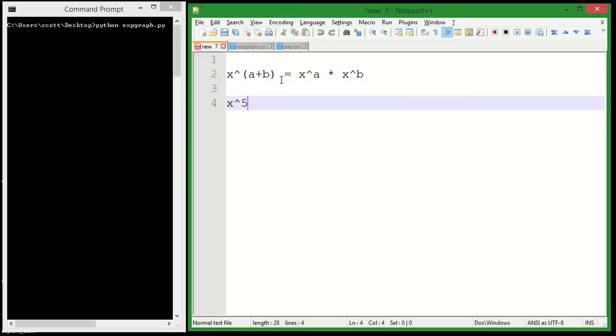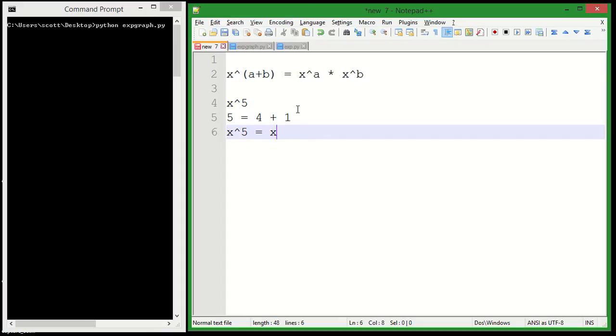If we have x^5, then because 5 equals 4 plus 1, our exponentiation property means that x^5 is going to equal x^4 times x^1, right? Now this is nice because x^4 and x^1 are both powers of 2, which, remember, are very easy to calculate. We can just keep squaring our results again and again.